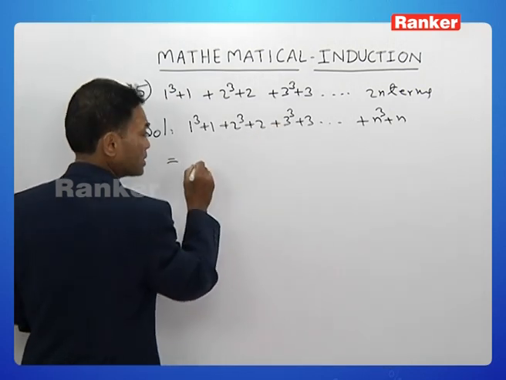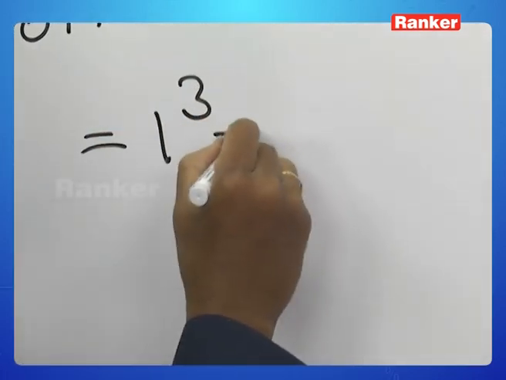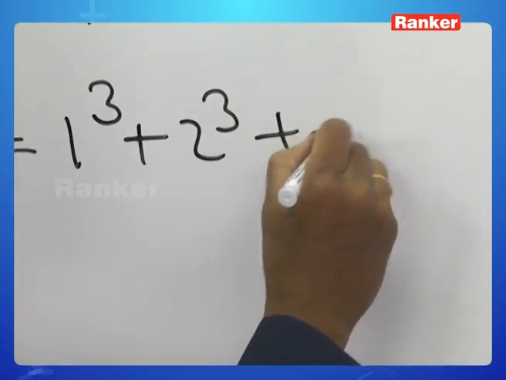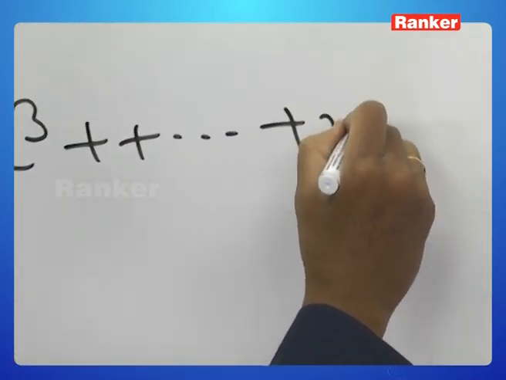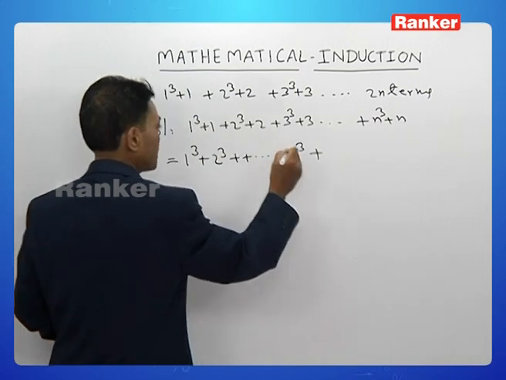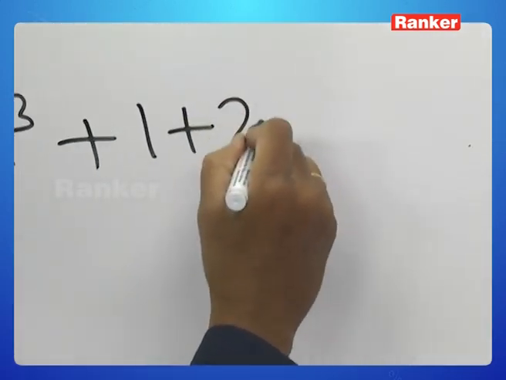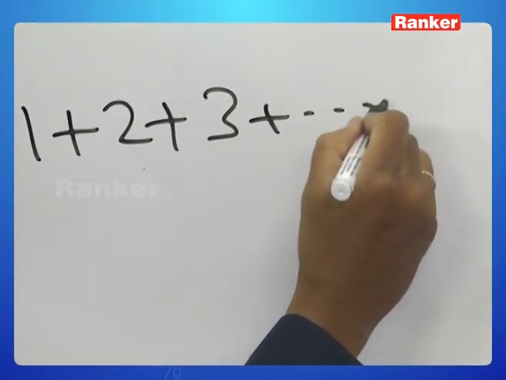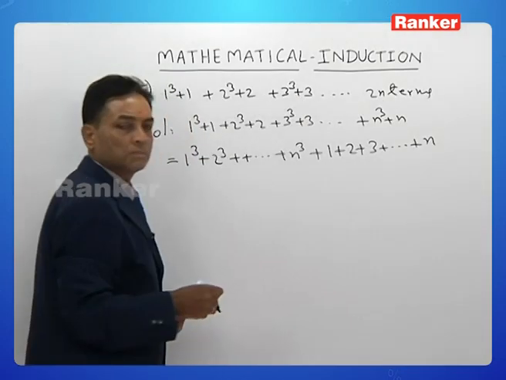So let us want sum 1 cube, 2 cube, so on up to n cube, first terms. Now second terms 1 plus 2 plus 3, so on up to n, right?